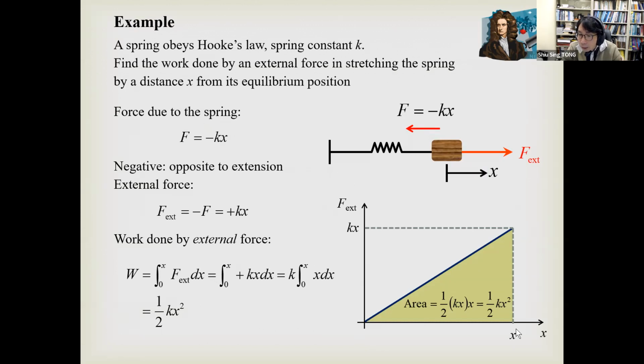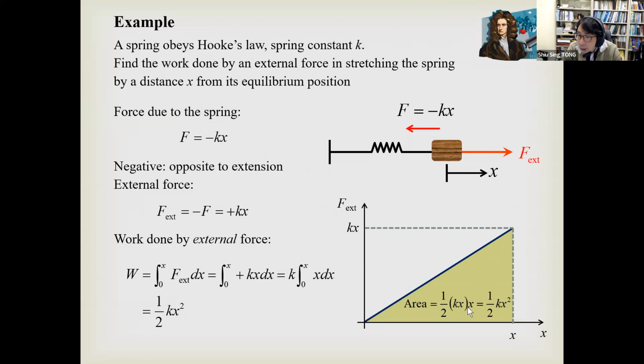Now the final extension of the spring is x, where the final force is kx. This is the final extension, and the external force at the final position. Now, how do we calculate this area? This is a triangle. So the area is given by half the base multiplied by the height.